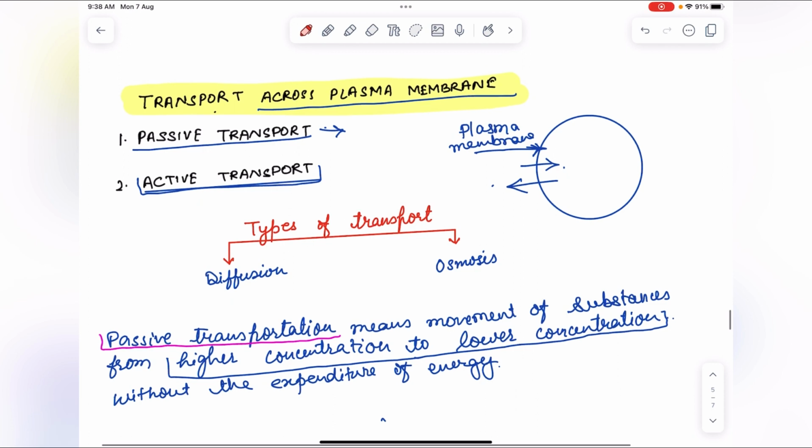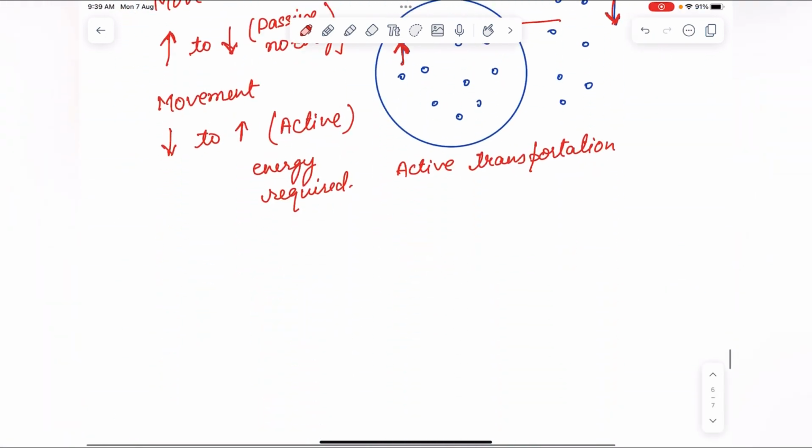Now next we will see the types of transportation. There are two types of passive transportation: diffusion and osmosis. Now we'll see what diffusion is.